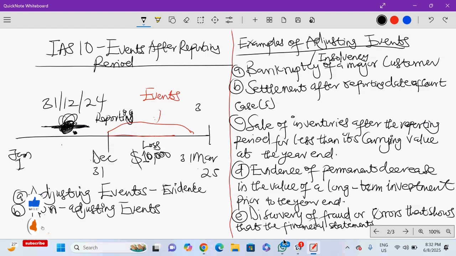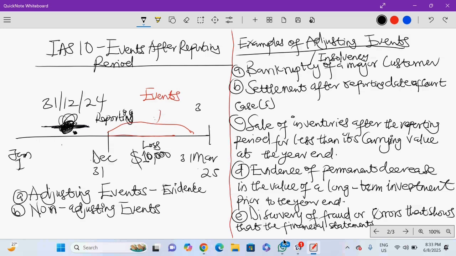If they are using January to December, then it means that all the events that occurred after the reporting date, which is after 31st December. Non-adjusting events also occur after the reporting date, but there existed no evidence or no condition in the basis period.